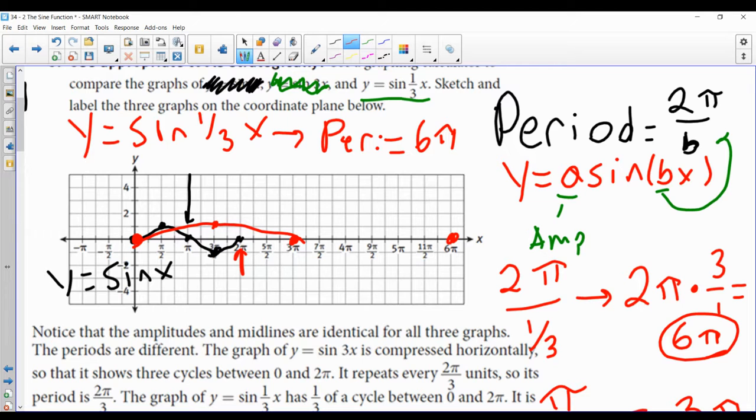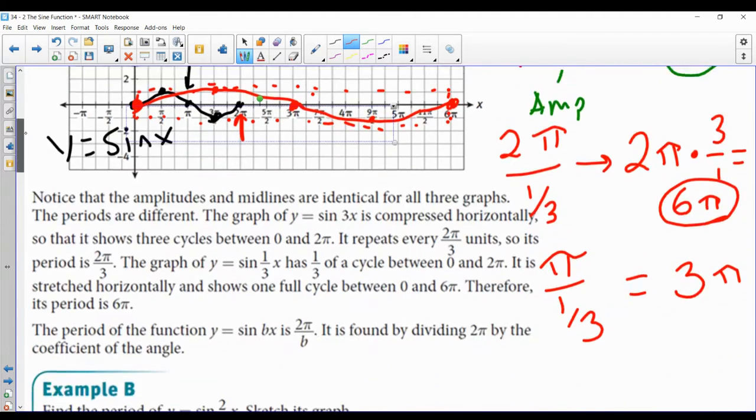If you look in the middle between 3 pi and 6 pi, it is 9 pi/2. So there's going to be my min, and it gets stretched out over here. So now, because of this, my period has become 6 pi. And if I use my box method all the way over, what it has done is it has stretched out the graph so it takes longer for that first rotation to occur.